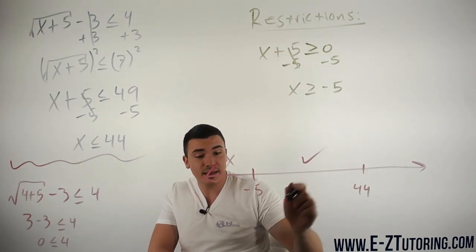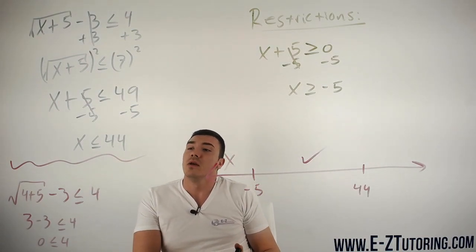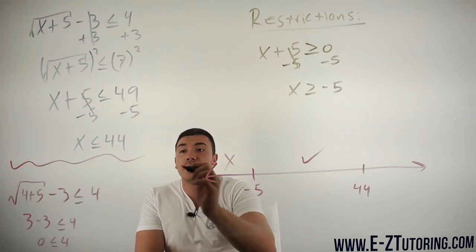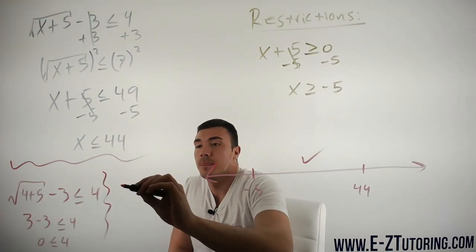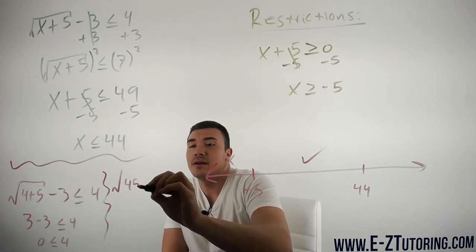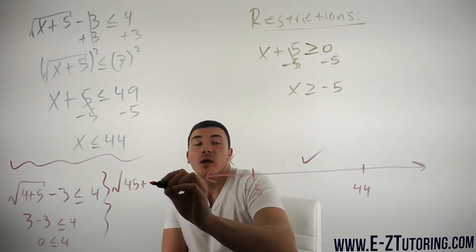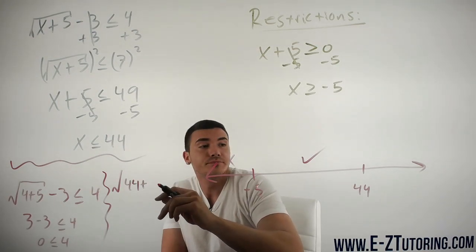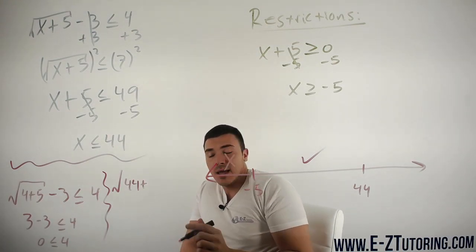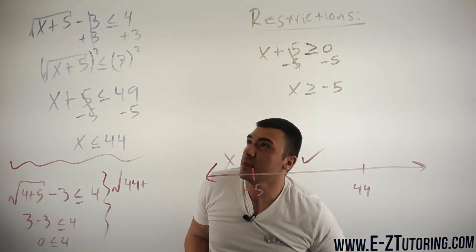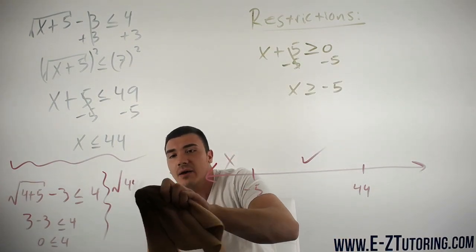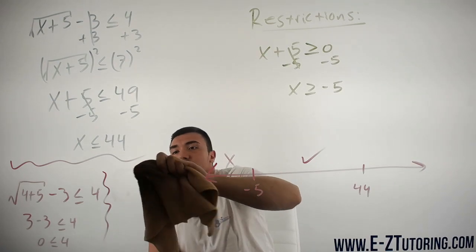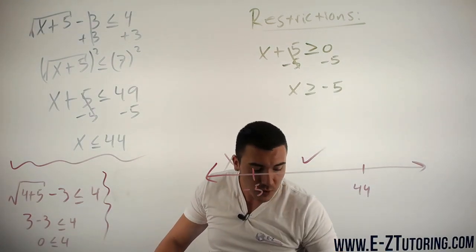Let's test this last interval. So a good number to plug in there would be 45. The reason for that is because we would get, oh, I'm sorry, no, not 45. I meant to say 44. But we would want something above it. Now, I'm trying to find numbers that'll give us a perfect square just so we don't deal with too many decimals.